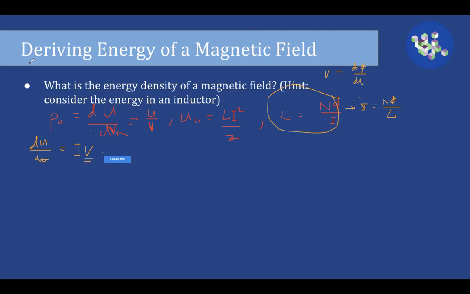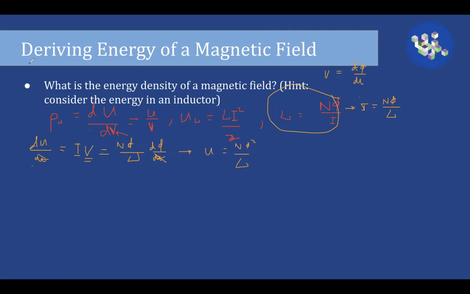So this will equal N times phi divided by L, times your d phi over dt. If I cancel the dt from both sides and do the integral, then I'll get that U would be equal to big N phi squared divided by L.